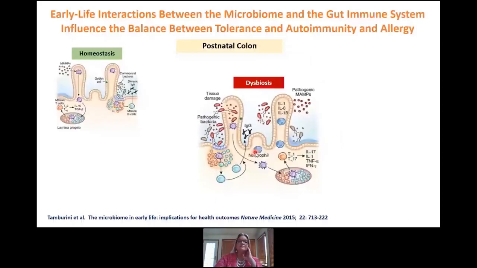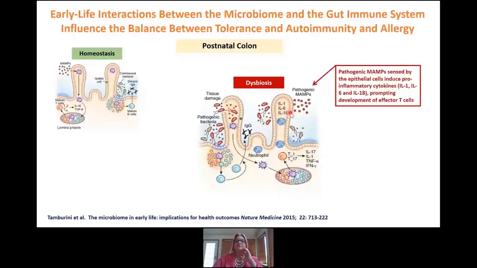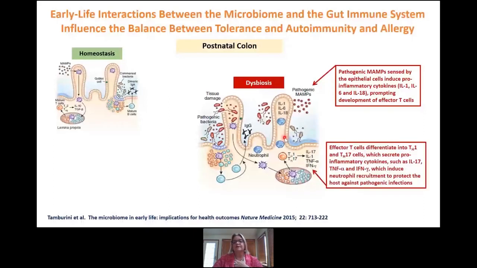In a state of dysbiosis, where you can have pathogens or tissue damage, we then go to a scenario where these pathogenic MAMPs are sensed, causing the secretion of pro-inflammatory cytokines, which educate effector T cells, which then put them down a different pathway. So instead of Th2 and Tregs, they go to Th1 and Th17s.